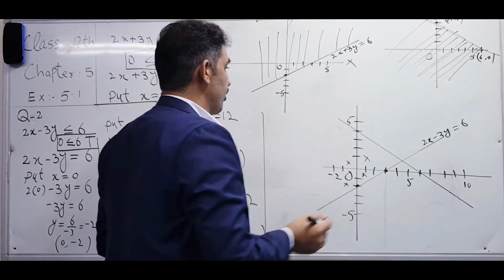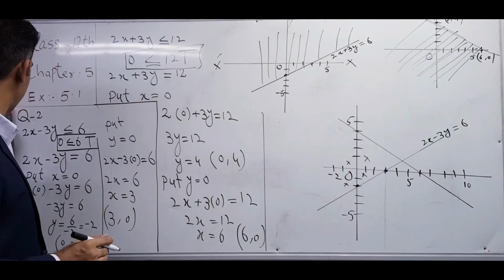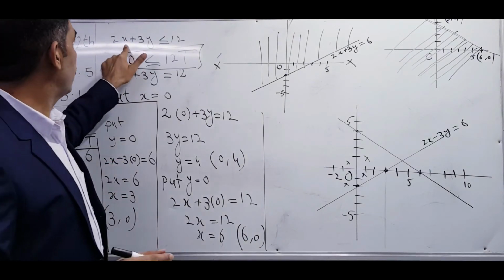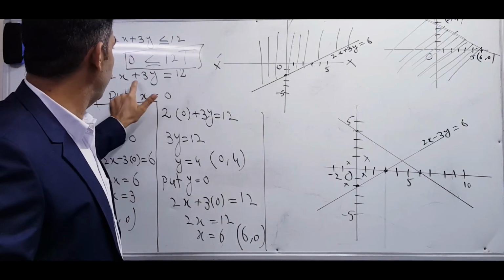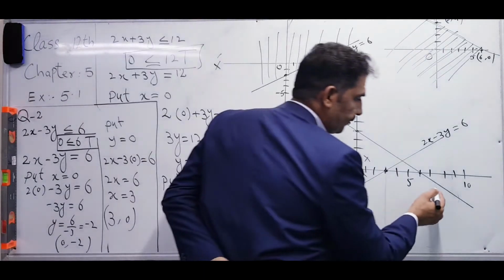And the name of this equation is 2x plus 3y is equal to 12.